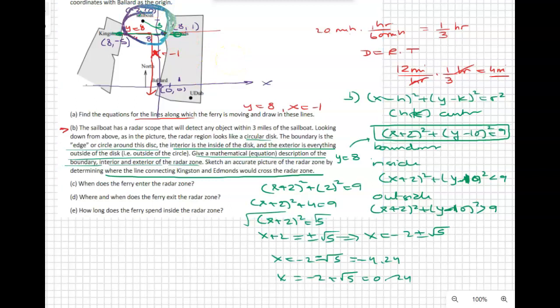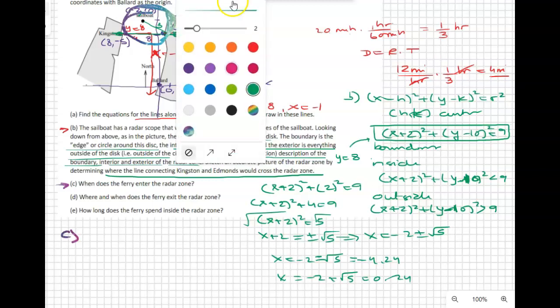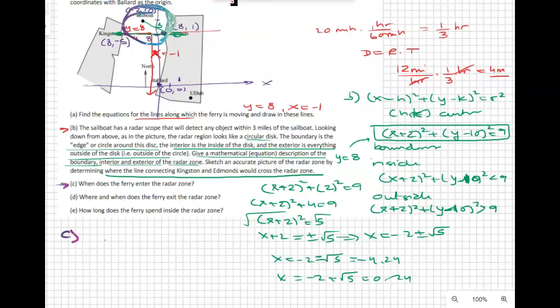Okay, so now the question is, when does the ferry enter the radar zone? Let's see if we can solve that. You can see the ferry enters the radar zone at this point and at this point. We already know the x value at that first point: it's negative 4.24.